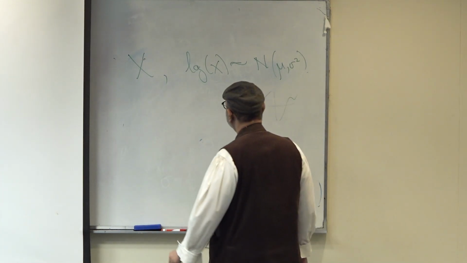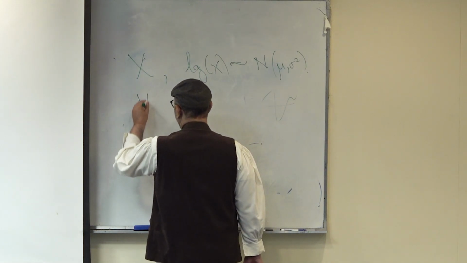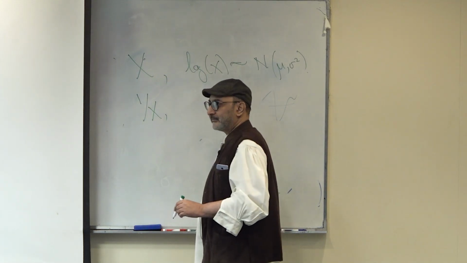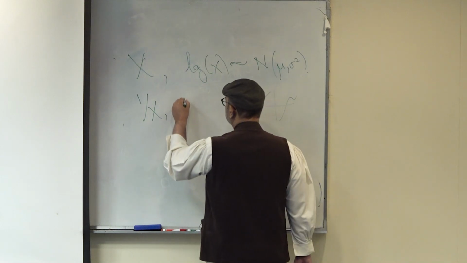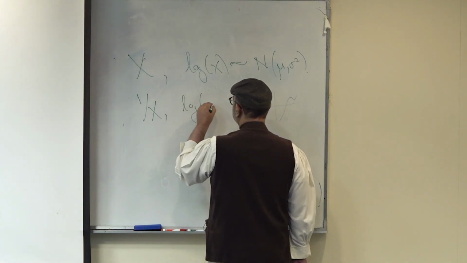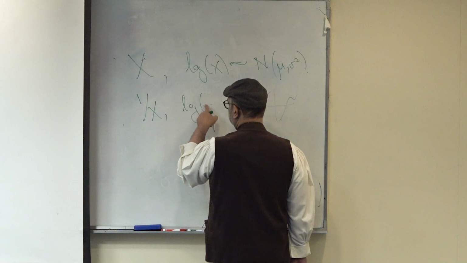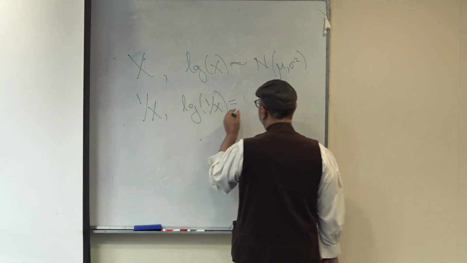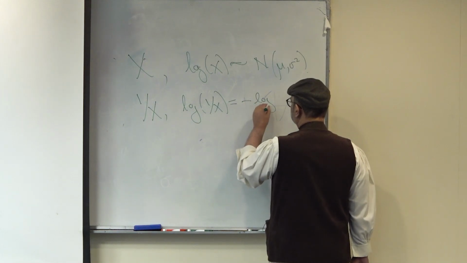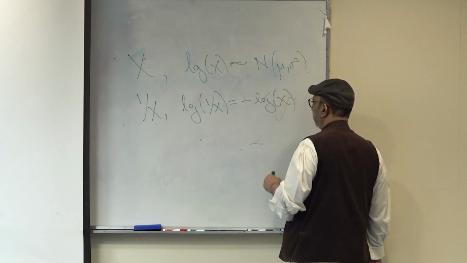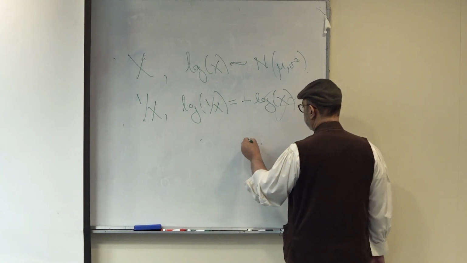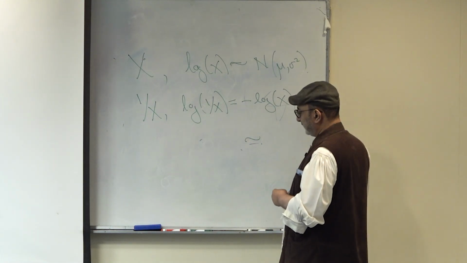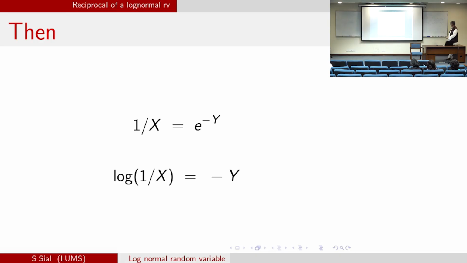If I take 1 over X and then take the logarithm, that's minus the logarithm of X. So if this was Y, then this is minus Y. Y is normal.